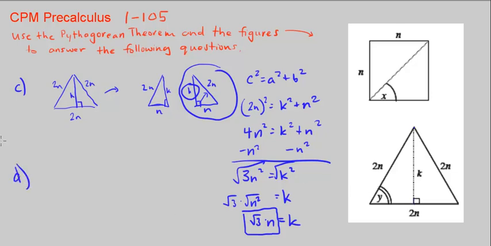Okay, so like we did in part B, we know this is an equilateral triangle, right? So the sides are all the same, right?